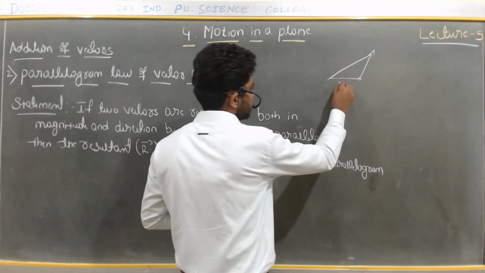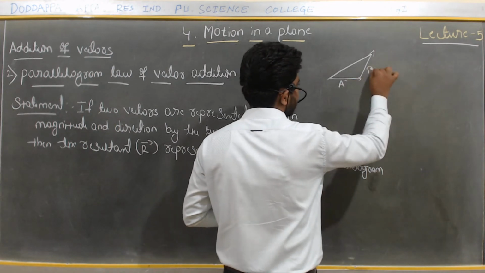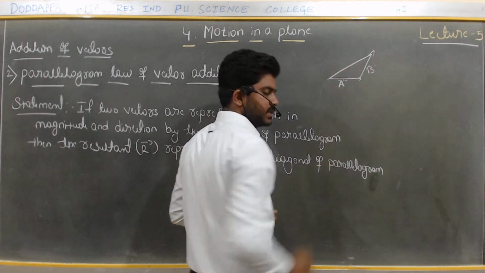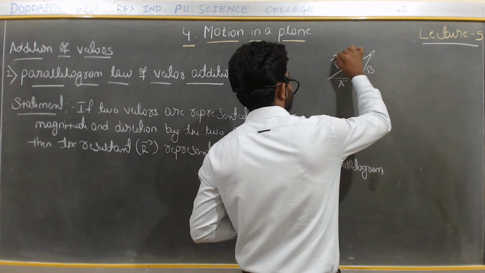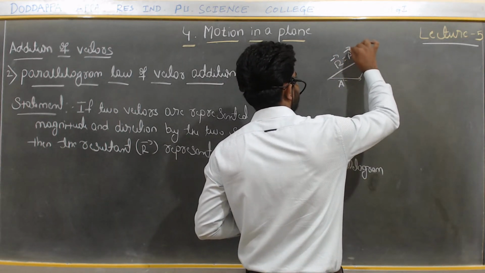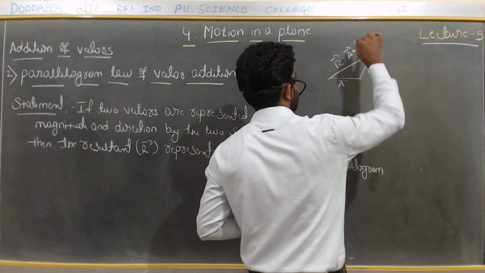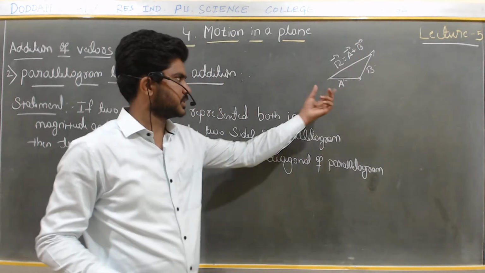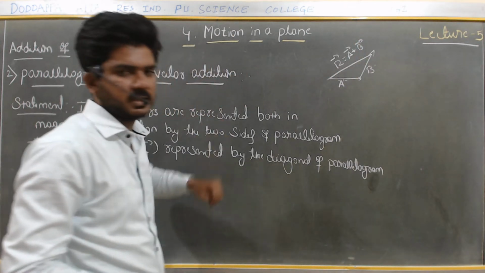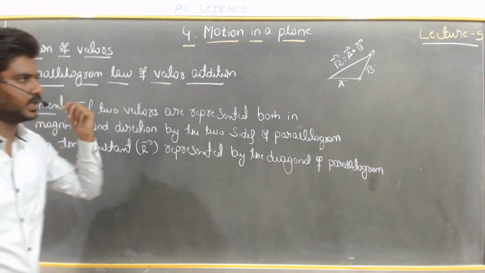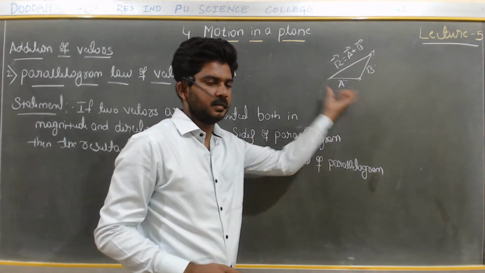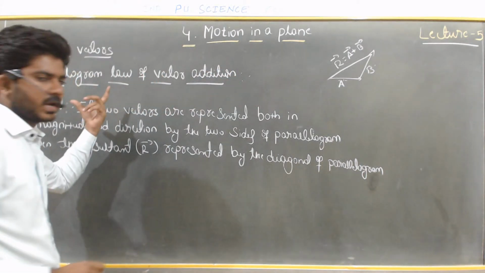If this is vector A, this is vector B, and the third side will give the resultant of these two vectors, which is R vector equals vector A plus vector B. This we have already done in the class. The same will take place here also, but in the earlier case there was a triangle, and here there is a parallelogram.